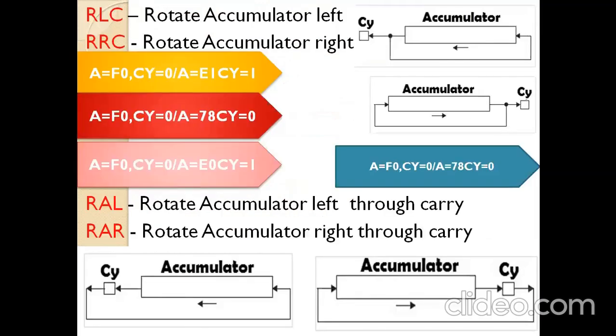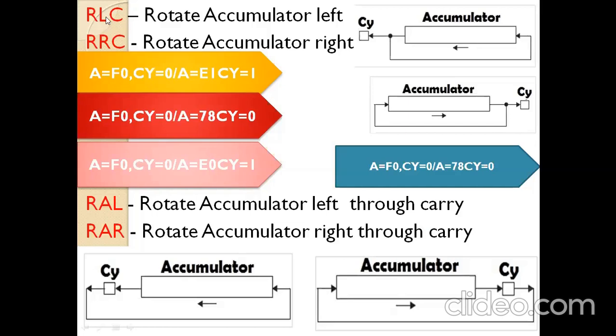Rotate instructions. There are 4 types of rotate instruction: rotate accumulator left, rotate accumulator right, rotate accumulator left through carry, and rotate accumulator right through carry. Initially A is equal to F0, CY is equal to 0.